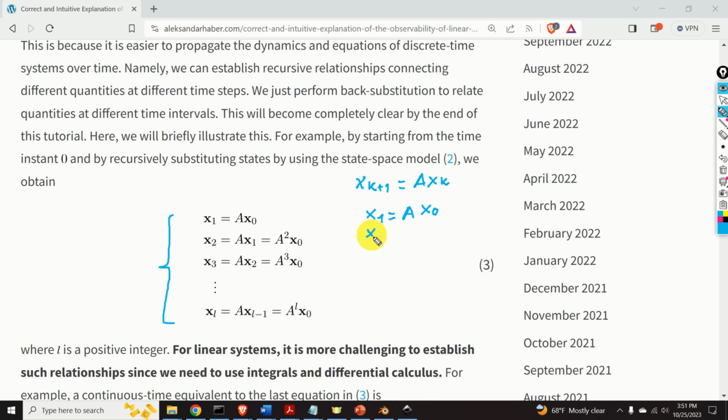Then I will have that x2 is A x1, and this is nothing less than this part over here, right? So I have A times A x0, and that's precisely A squared x0. By continuing this process, I will obtain that xL, where L is some discrete time instant in the future, is A to the power L times x0.